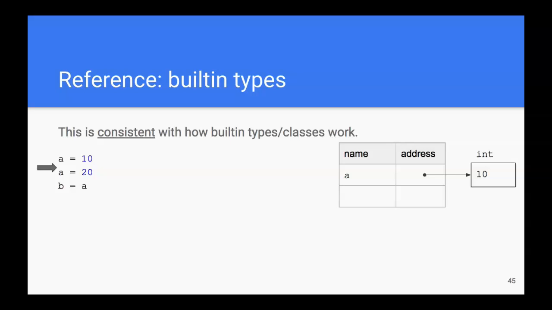Okay, so let's step through this. When we say a equals 10, an instance of the int class is created.